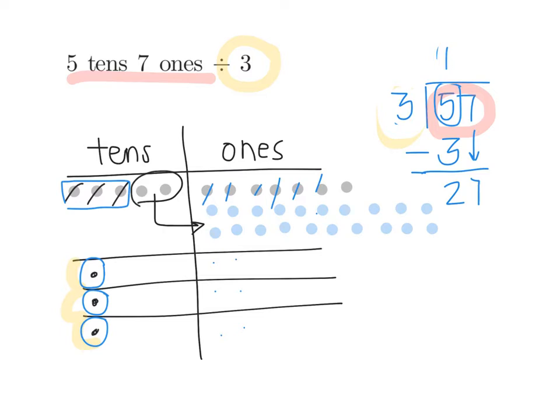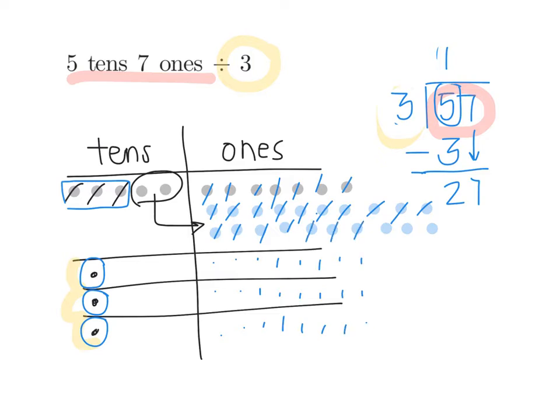Instead, I can use what I know about math facts now. I know that 27 ones divided by 3, if I were to continue dealing them out, I would have 27 of them. And when I take 27 ones and divide it into 3 groups, how many ones will I have in each group?